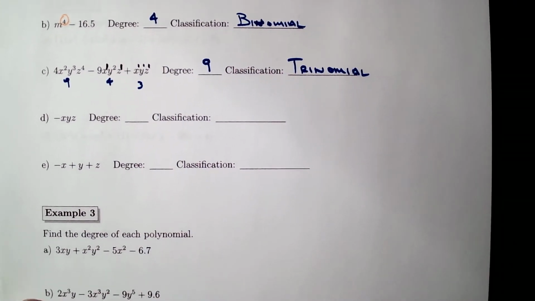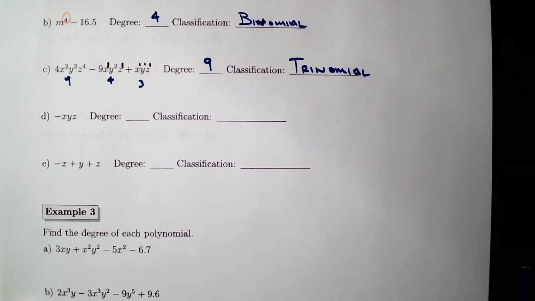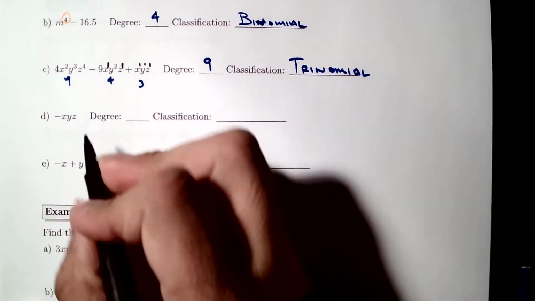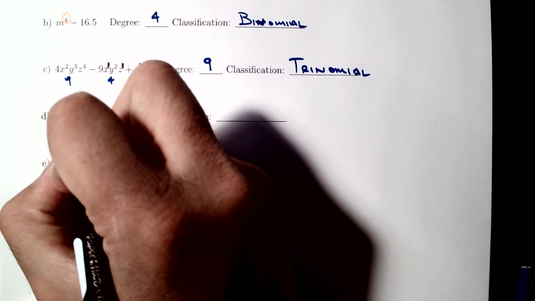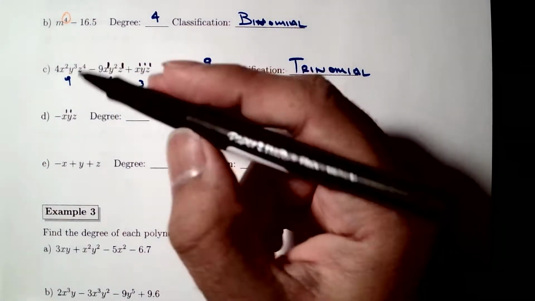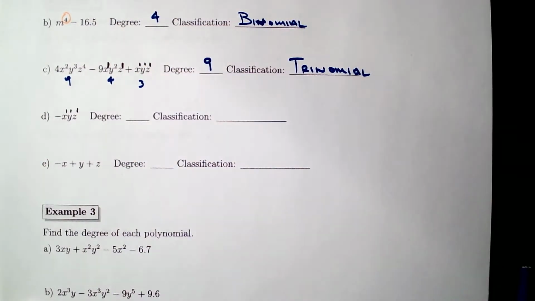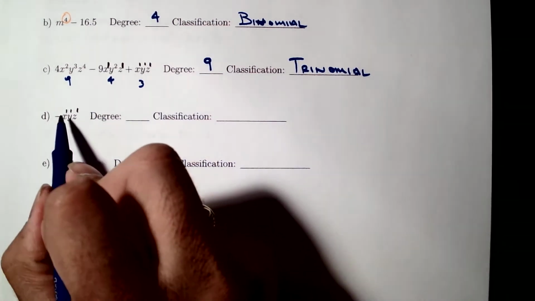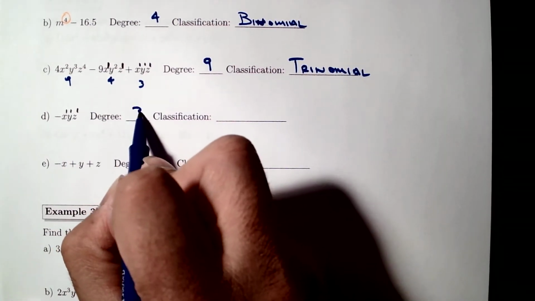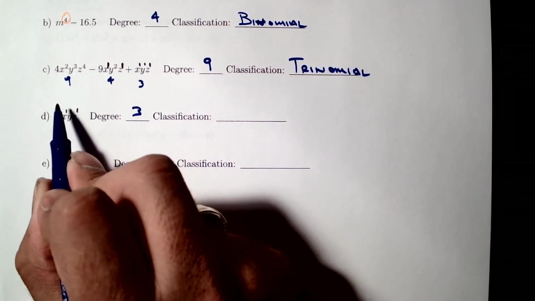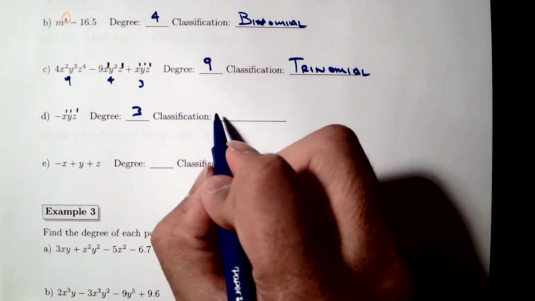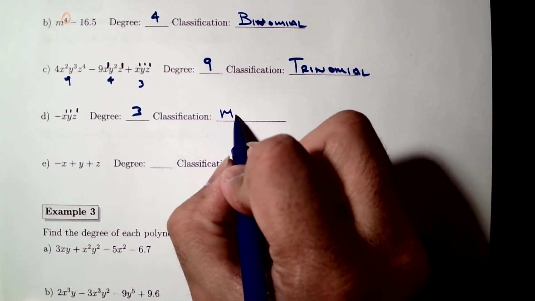Letter D, let's have a look at the degree of that one. Well, xyz is x to the first, y to the first, and z to the first. If we add up the degrees, the overall degree is 3, but we have only one term. That's why we would call it a monomial.